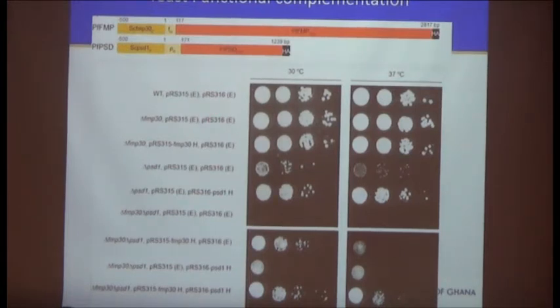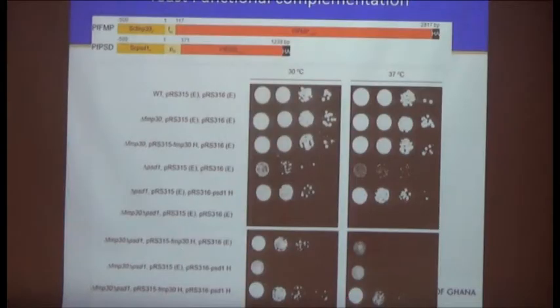So one thing we show is that if you just knock out, this is the wild type, just the gene we are looking for, you don't see any strong change in phenotype. But if you do a double knockout, you see a strong effect. And if you double complement using Plasmodium, you see a rescue of the effect to some degree.